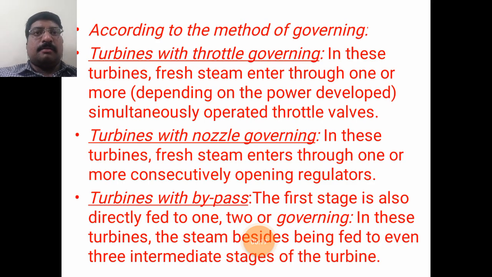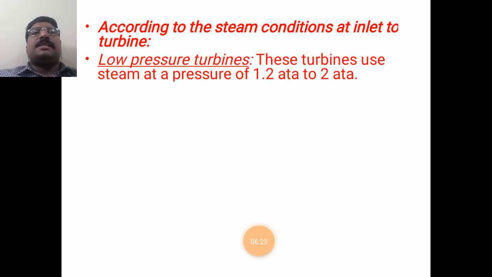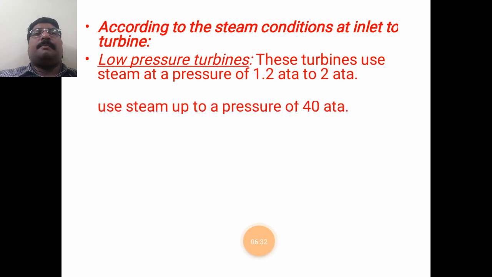Next, according to the steam condition at inlet to the turbine. Turbines operating between 1.2 and 2 bar are called low pressure turbines.